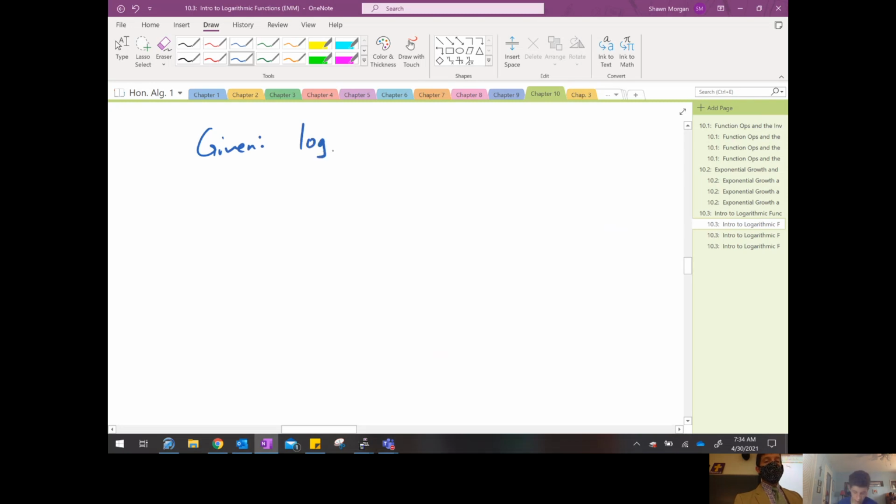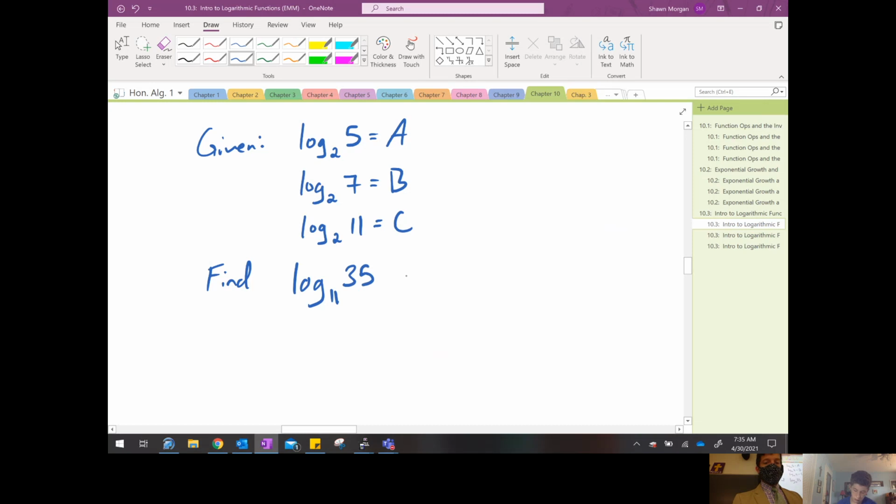Log base 2 of 5 equals A. Log base 2 of 7 equals B. Log base 2 of 11 equals C. And I want you to find log base 11 of 35 in terms of A, B, and C.